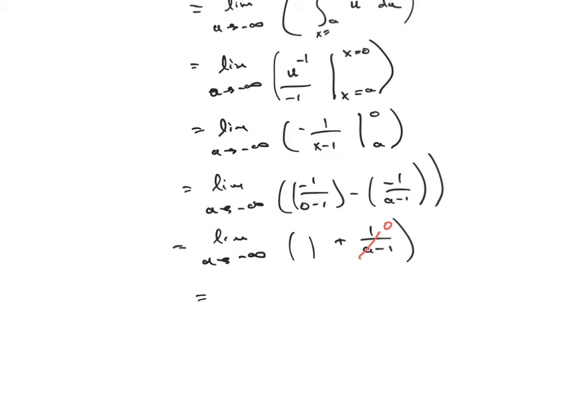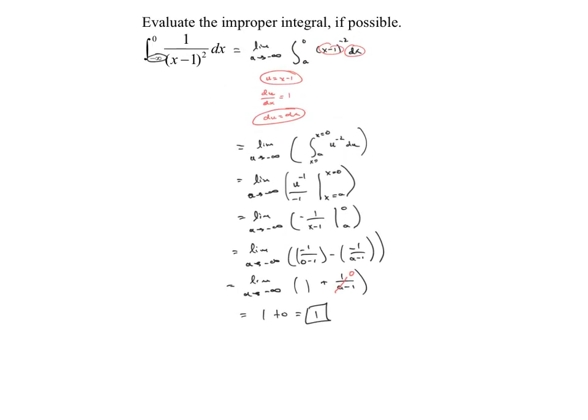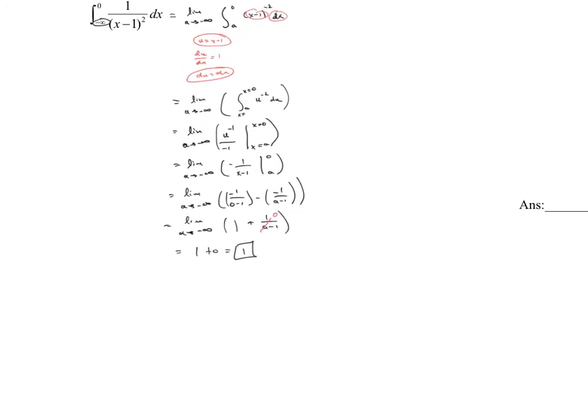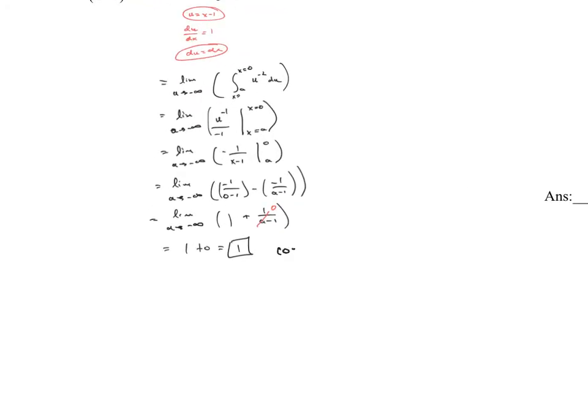So it seems to me that we have 1 plus 0 in this case, which is simply 1. So what was the integral from negative infinity to 0 of 1 over (x minus 1) quantity squared? It does converge, and it converges to the number 1. Even though it's an infinite limit, an infinite region that we're trying to integrate, find the area of, it does converge to the number 1.